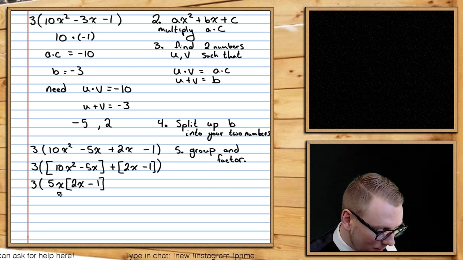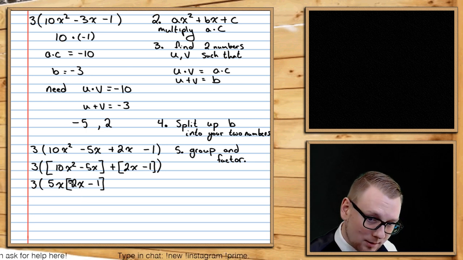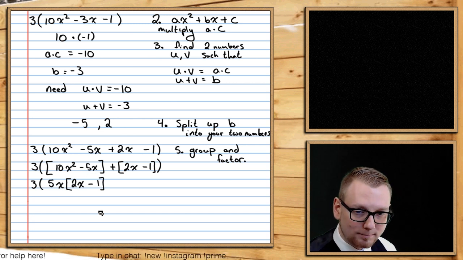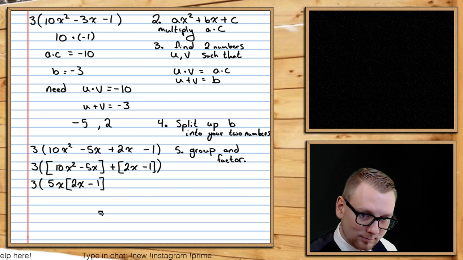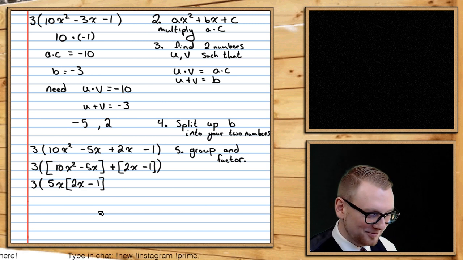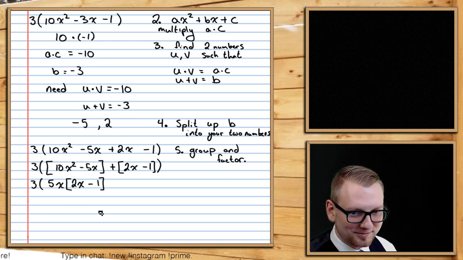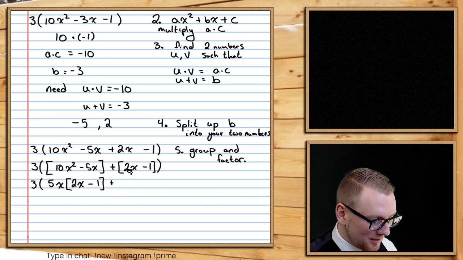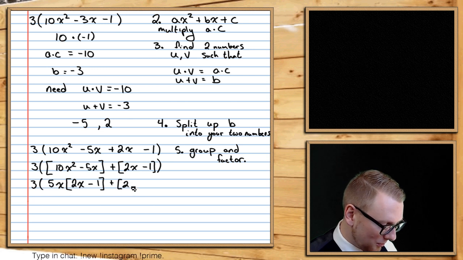Because if we multiply 5x onto 2x, we get 10x squared, and if we multiply 5x onto minus 1, we get minus 5x. Yeah, there you go. There's nothing to take out of the 2x minus 1, so we'll just leave it as 2x minus 1.